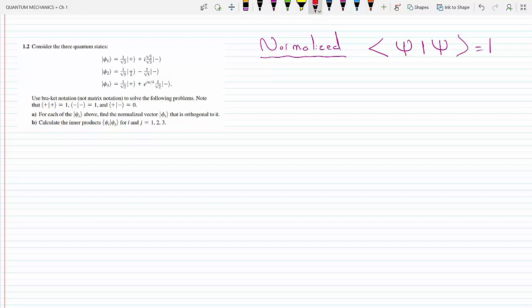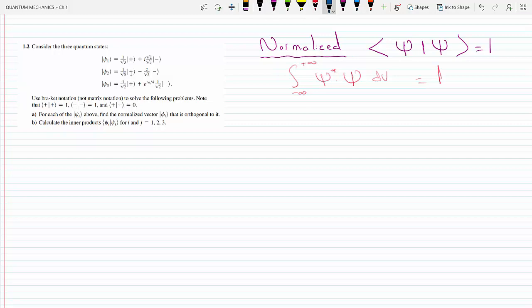That just means, to be more concrete, when you take the integral from minus infinity to plus infinity of the conjugate of this wave function times the wave function itself, dv, that equals 1. That's what this statement means mathematically. And orthogonal just means it's 0.